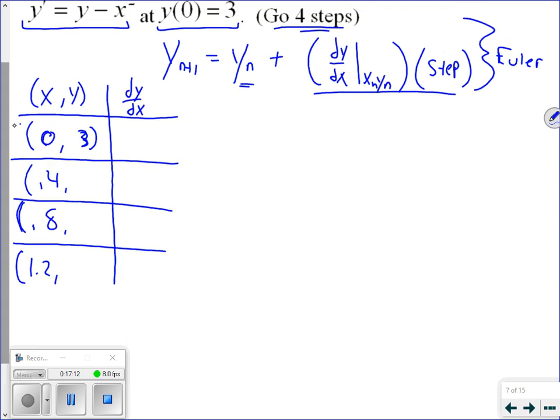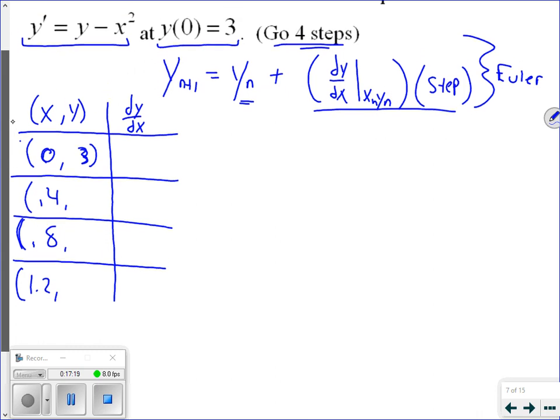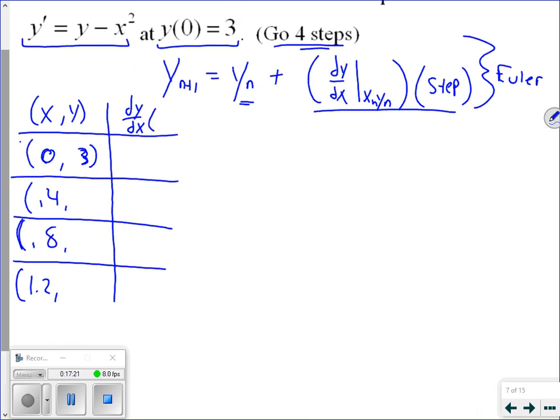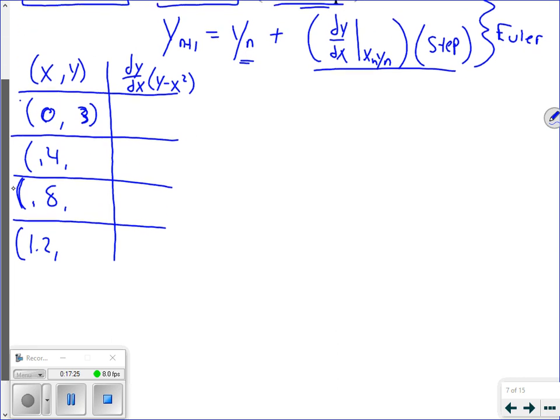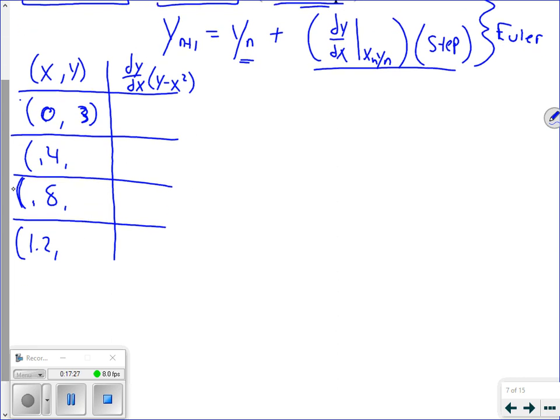Let's start by finding our derivative. My derivative at 0, 3, for instance. We got the equation, I'll rewrite it right here, y minus x squared. So my slope at this point would be 3 minus 0 squared, or just simply 3. Okay? So how the formula is going to work, and I'll just write it out here to the side.